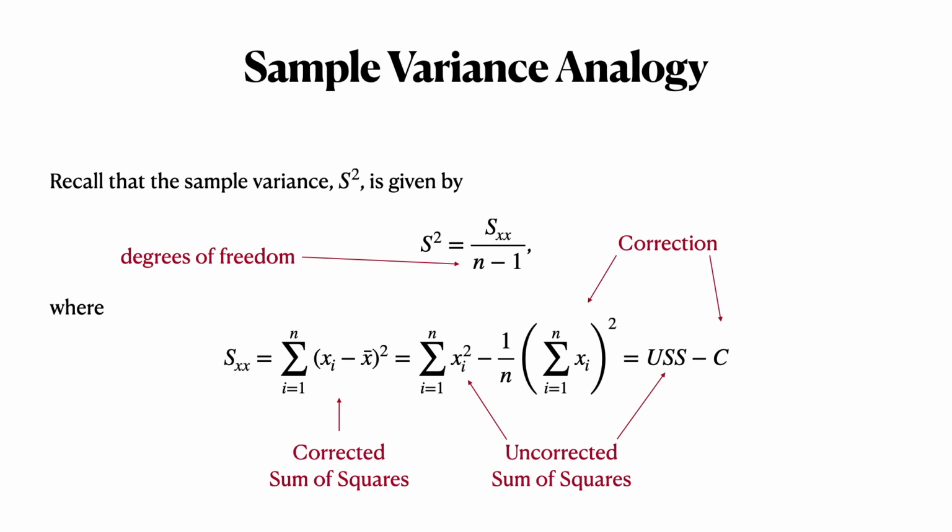Even though there are n terms in that sum of squared deviations, because of the linear relationship between the actual observations, the x sub i's, and the sample mean, there are actually only n minus 1 linearly independent components in that sum. That number is called the degrees of freedom for the corrected sum of squares. And so when we calculate the sample variance, we divide the corrected sum of squares by the degrees of freedom associated with that corrected sum of squares.